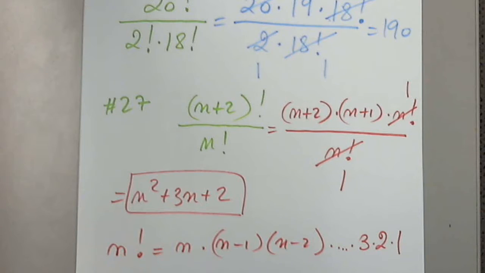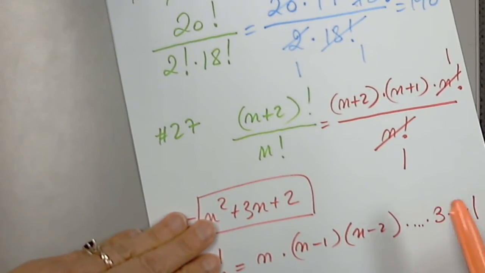Is that okay? If this is 20, I have 20, 19, 18, 17, 16, 15, blah, blah, blah, 3 times 2 times 1. Is that better? Yes? Okay. Any more questions on factorials? Okay, it's just a notation.